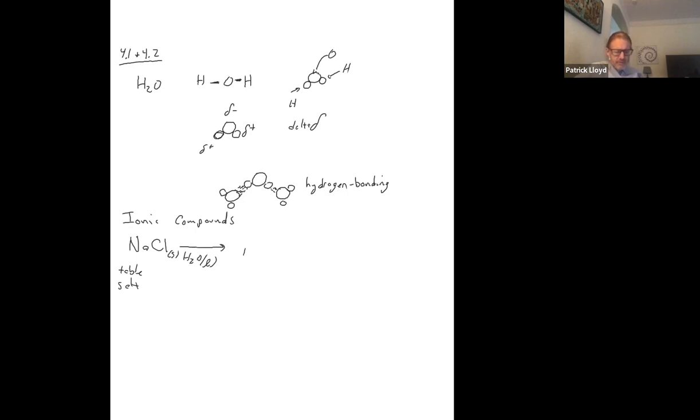What will happen is the water molecules will interact with the sodium ions and pull them away from the chloride ions, from each other. And instead of having one substance, NaCl, we now have two substances, Na plus and Cl minus. These are called ions. The AQ means dissolved in water.